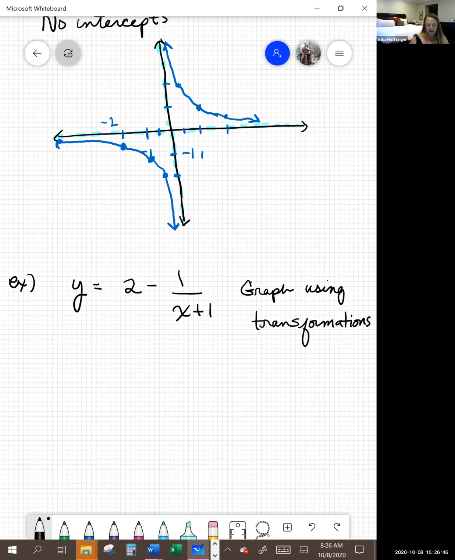Okay, so we've got to figure out what this 2 is doing to our graph, what this minus is doing, and then what this plus 1 is doing.